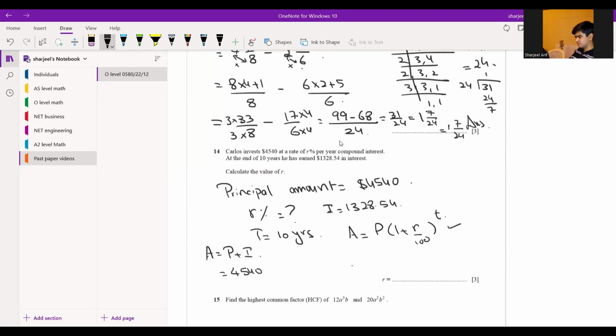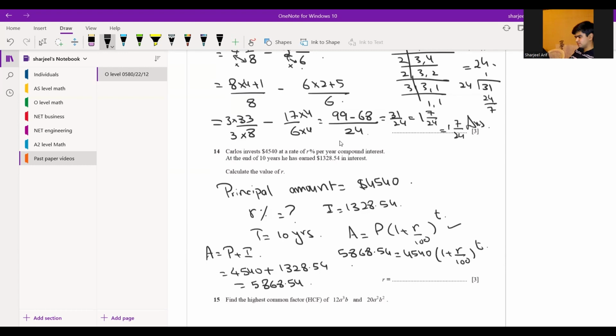Principal amount is 4540 and interest is 1328.54. So total amount will become 5868.54. So this will be 5868.54 equals 4540 into 1 plus R divided by 100, power T.